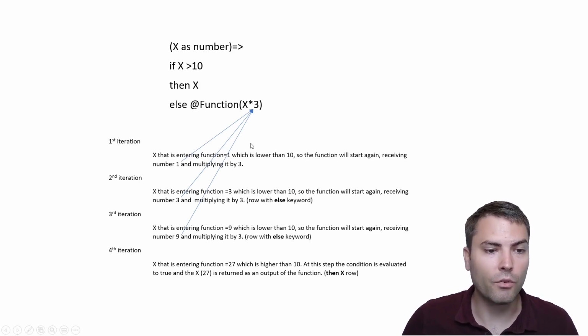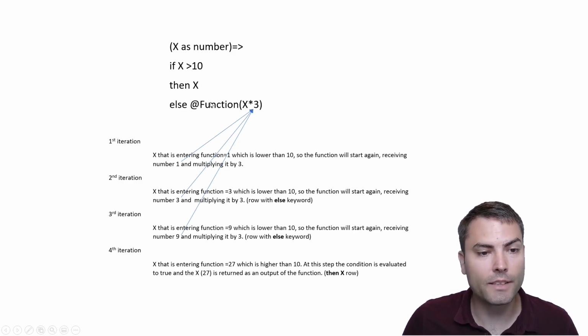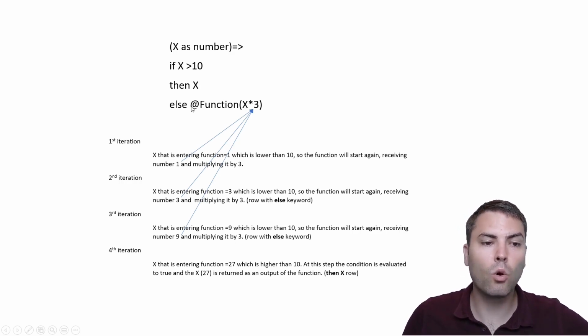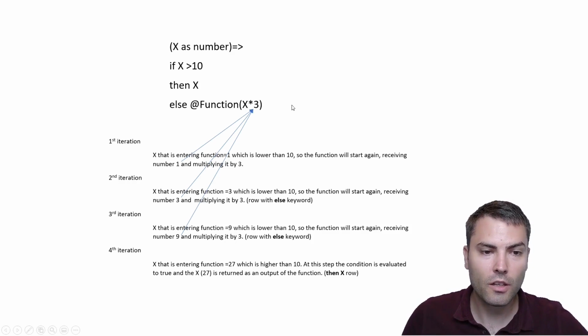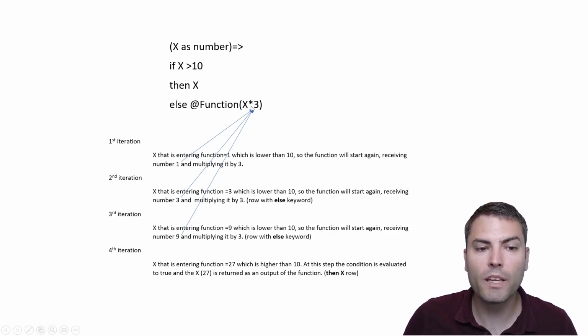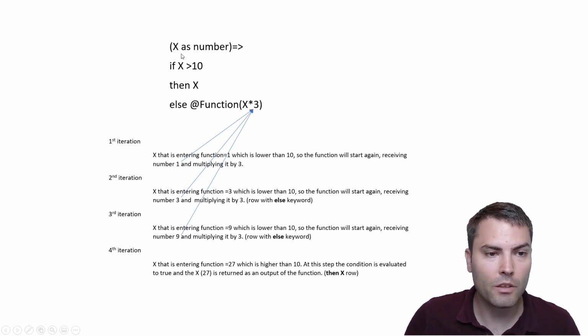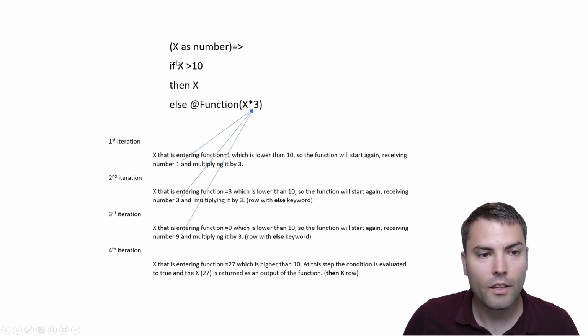So what happened? In the first iteration, x is 1, 1 is not larger than 10, then the else argument kicks in, and the else argument is calling the same function, so the x is 1, and multiplying it by 3. So now on the second iteration, number 3 becomes the starting point, it enters the function, 3 is also not larger than 10, so the number 3 becomes multiplied by 3.